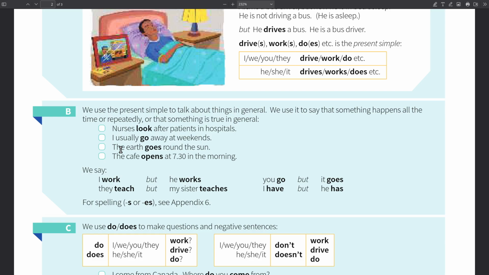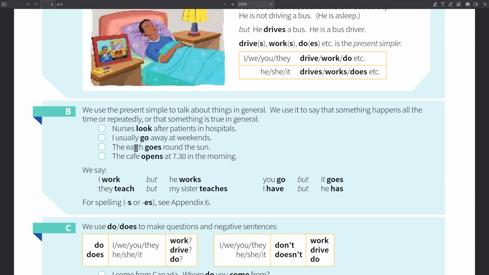I could say I usually go away at weekends, or I can also say I never go away at weekends, or I could say I always go away at weekends. So we are talking about something that happens all the time or repeatedly. Okay, the earth goes around the sun.